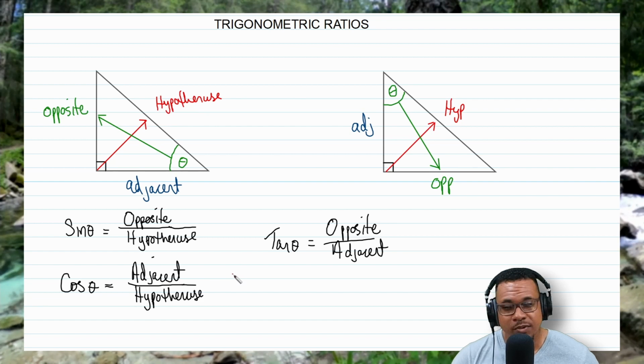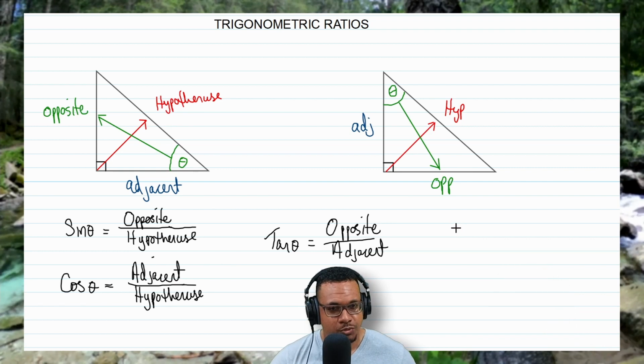Before we move on, I just want to highlight something: you can only have sine, cosine, and tangent of an angle. Sine doesn't exist by itself, and neither do cosine or tangent. It must be of an angle, so it must be sine of something, cosine of something. You can't just write sine by itself, or cosine by itself, or tan by itself.